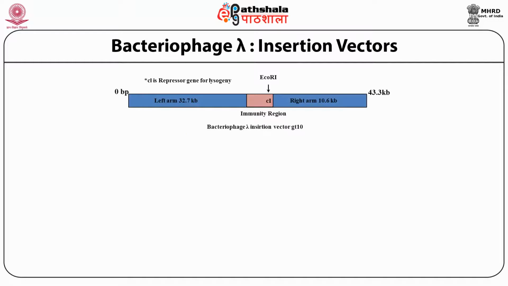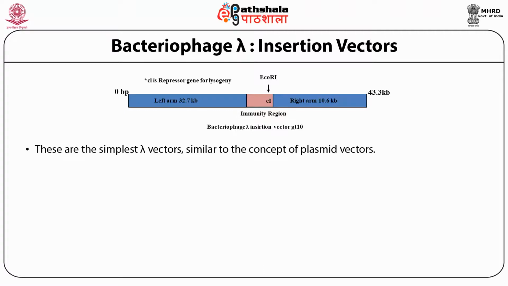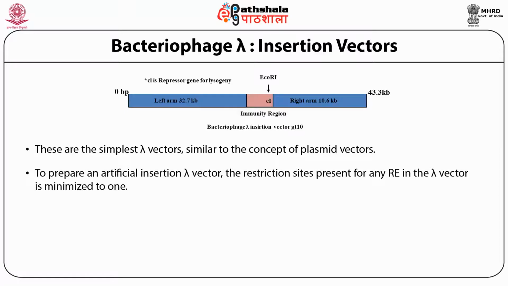Bacteriophage lambda insertional vectors. There are two types of lambda bacteriophage vectors on the basis of accommodating foreign DNA. First is the insertional vector. Insertional vectors are the simplest lambda vectors, similar to the concept of plasmid vectors. To prepare an artificial insertion lambda vector, the restriction sites present for any restriction enzyme in the lambda vector are minimized to one.